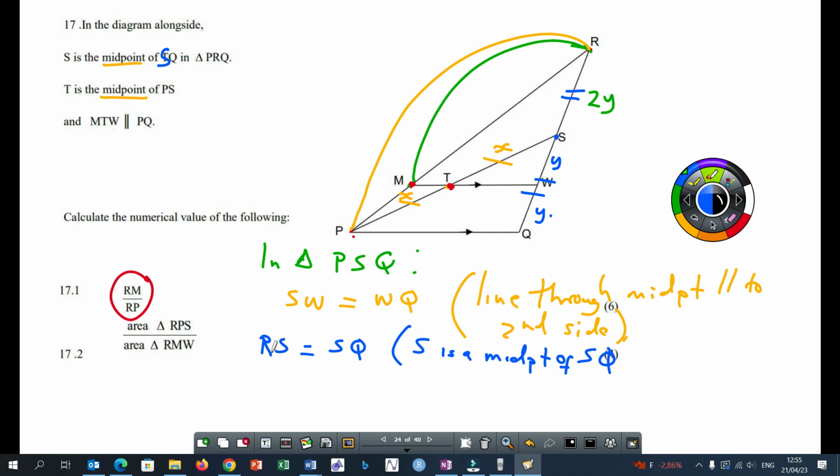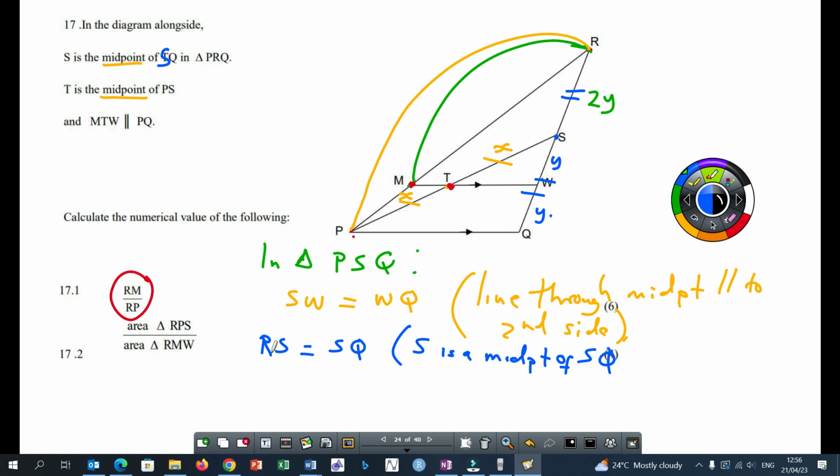So from here we can apply the proportion theorem in triangle PQR. Do you all see that? Now the question becomes easy. I won't need to use similar triangles, but some questions may require them, and we haven't done similar triangles as yet.